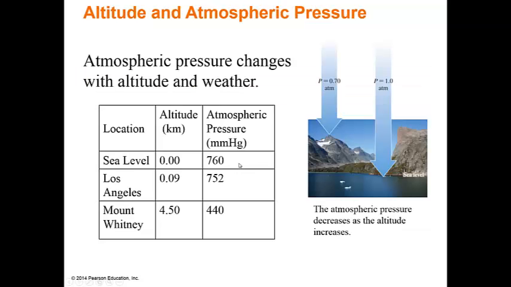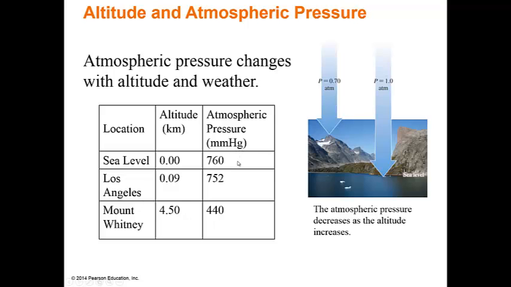All right, so what I was saying in the last unit about cooking and altitude and things of that nature. We can look right here and see what the atmospheric pressure is at sea level, and in northwest Ohio we're right around sea level. We're looking at 760 millimeters of mercury, or 1 atm.